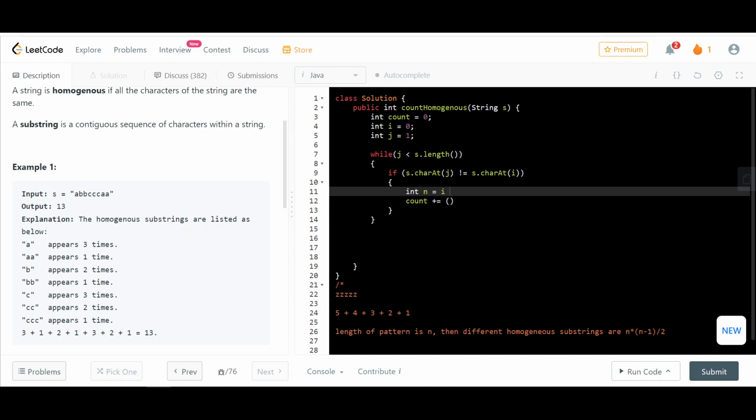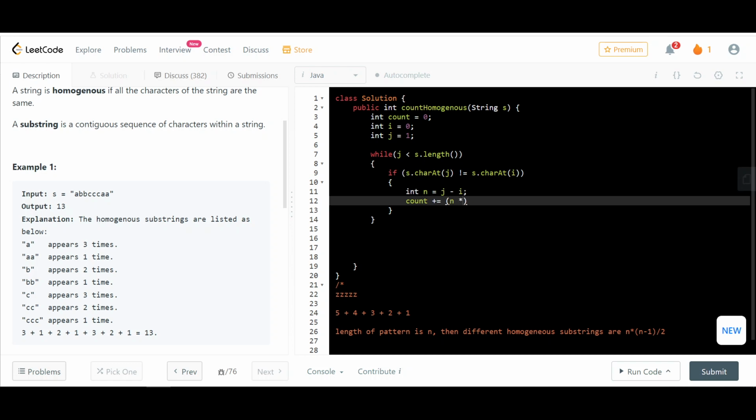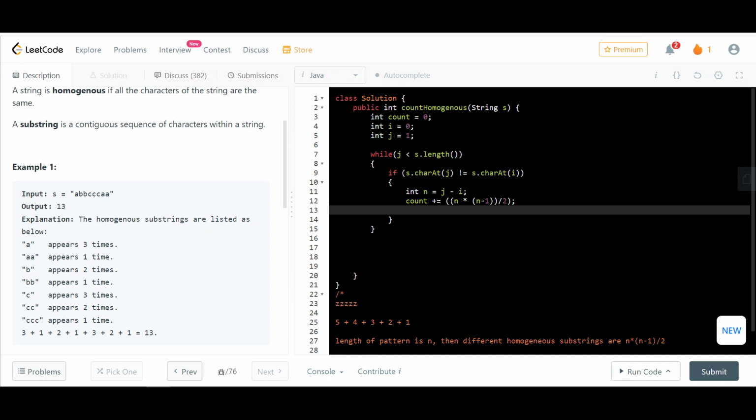Can I say n equals j minus i here? So for example, 0 and 1, in that case it will be 1. So n equals j minus i, count plus equals n times n minus 1 by 2. Too many brackets, but fine.